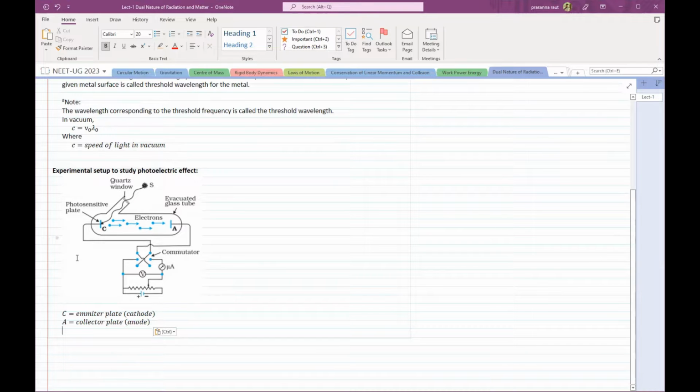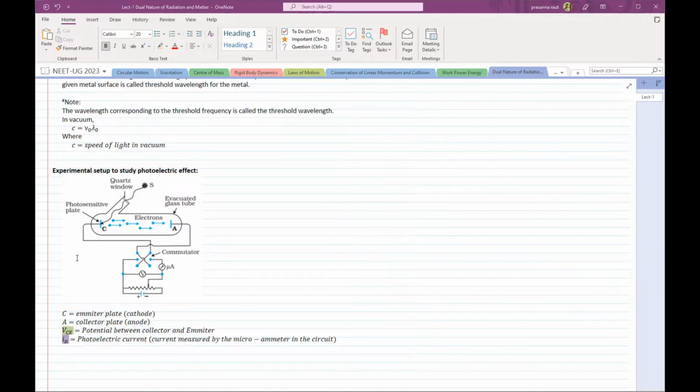Opposite to it, there is another plate called the A plate, collector plate, or anode plate. Then there is the voltage between collector and emitter, which I'm calling VCE, measured using the voltmeter you can see in the diagram. IP is the photoelectric current, the current measured by the microammeter in the circuit.